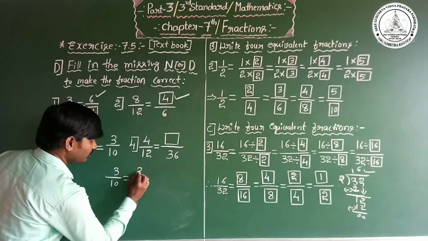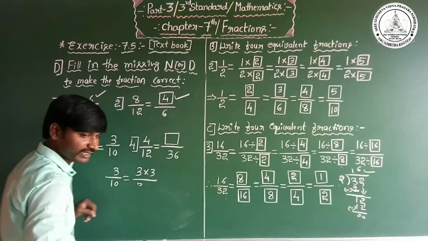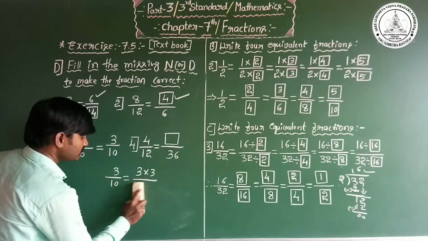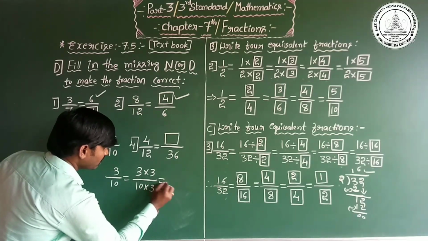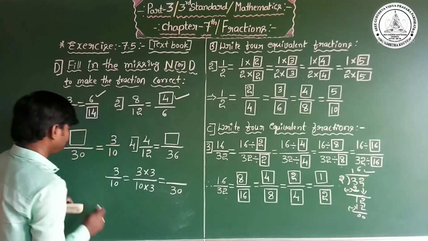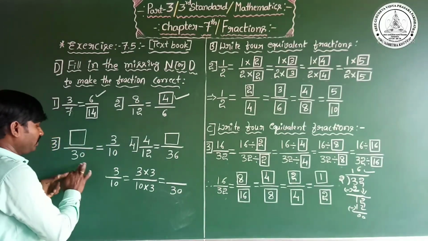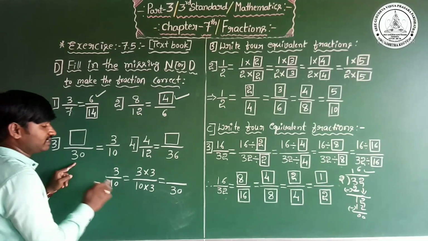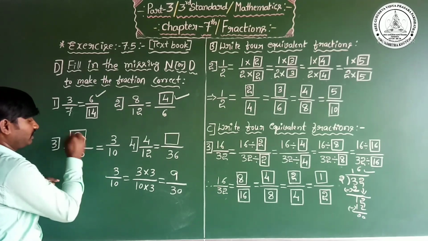You would like 3 3s are, it means 10 3s are 30. This also uses the multiplication method, because you get the answer 30. It means 10 3s are 30. Here 30 is there. So here also we use the multiplication method. That's like 3 3s are 9. The missing number is 9.